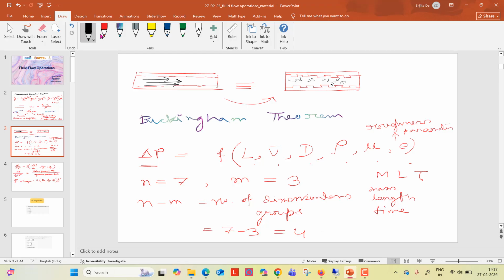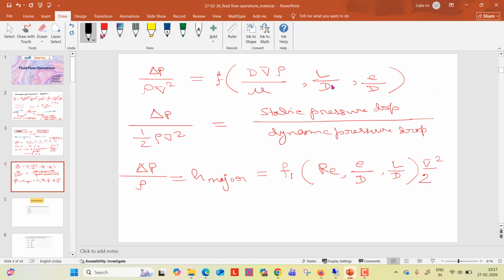So that is why they are saying that this Re is somehow related to this roughness factor. Now we can write it similarly, like phi of Re and E by D together, and then there is L by D and V square by 2.